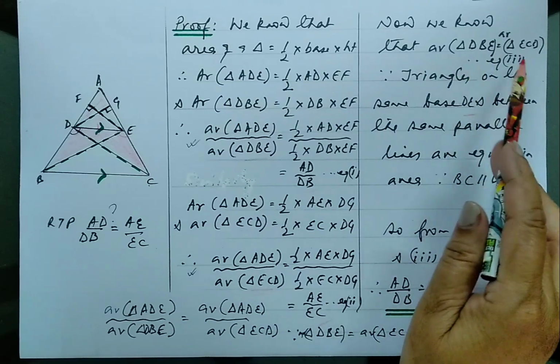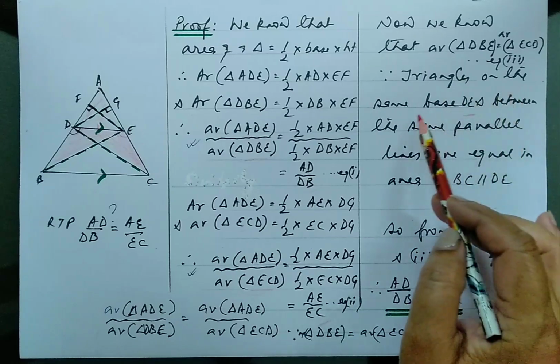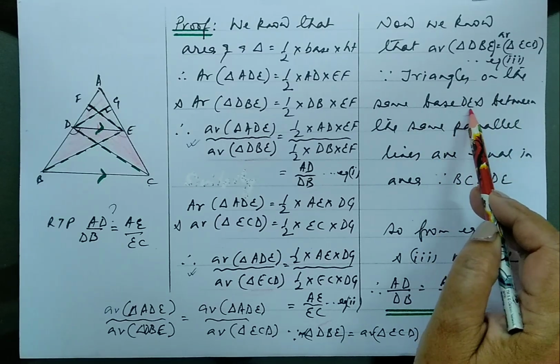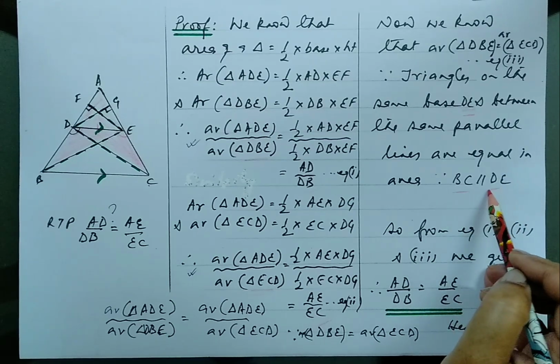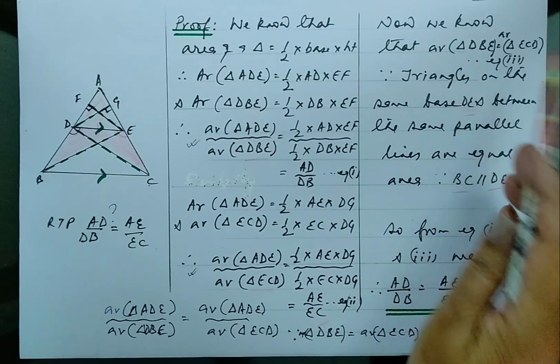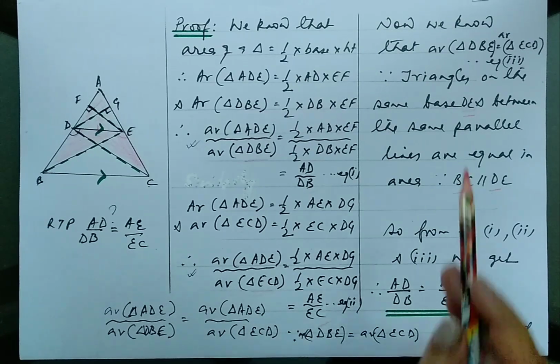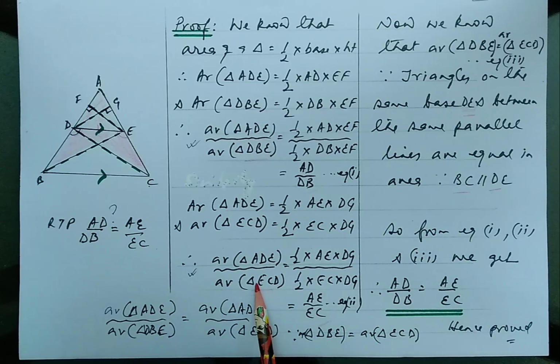We get this, they are equal to each other because they are triangles on the same base, which is DE, and between the same parallels, that is BC parallel to DE. So if they are equal, the area of triangle ADE over the area of triangle DBE will be equal to the area of triangle ADE over the area of triangle ECD.